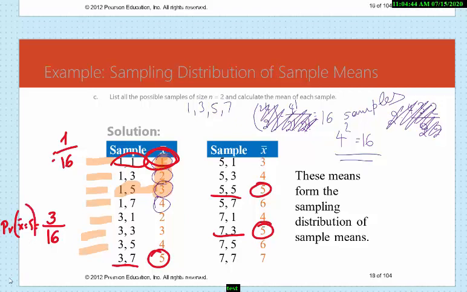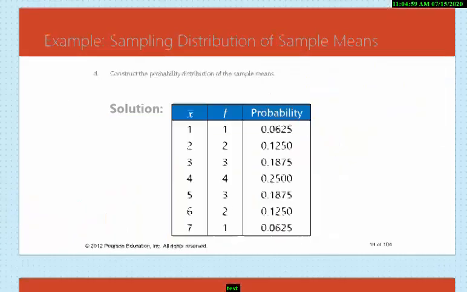So now I create the probability distribution. Here you look at the probability distribution. For each one of these possible means, this is the probability to get them. Now, if you want to calculate the mean, the variance, and the standard deviation of the 16 sampling means, you can use the formulas that you know to find the expected value and the variance for a probability distribution.